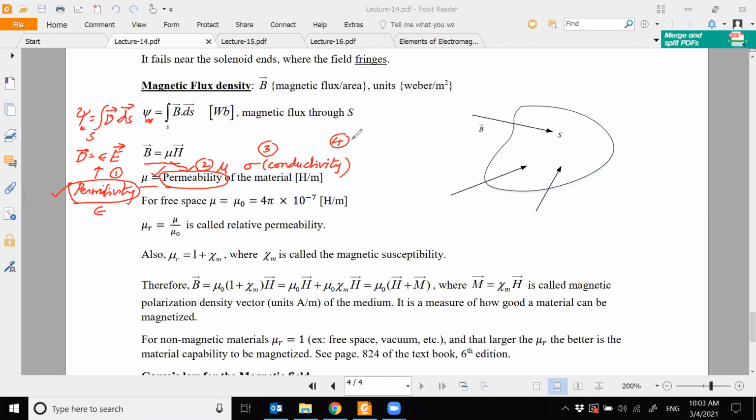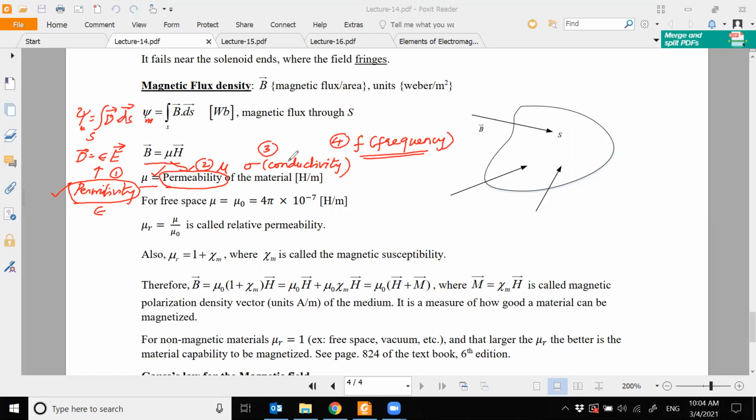And you have another very important term, f, which is nothing but frequency. This we will see later, how frequency can change the property of a material. But at least we have come across all three properties: permittivity, permeability, and conductivity.